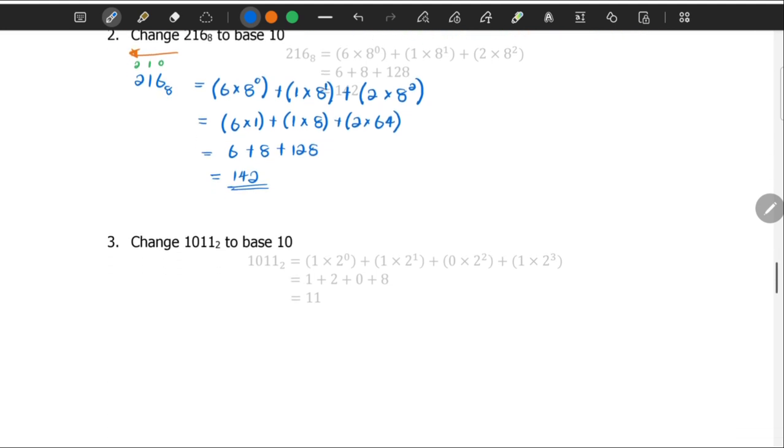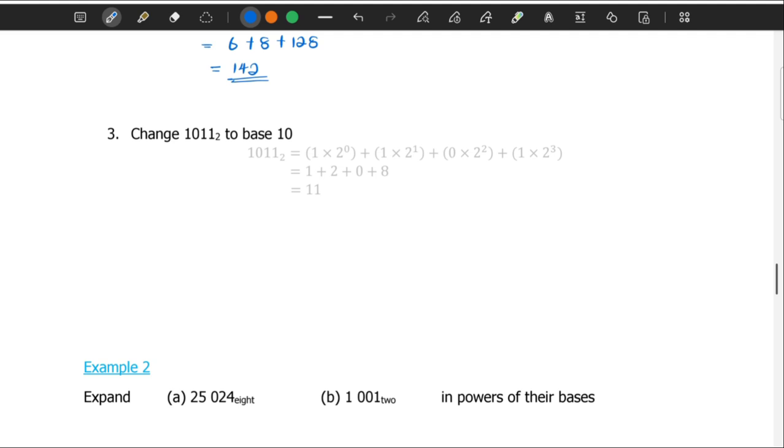And then the next question says change 1011 base 2 to base 10. Again, expanding to base 10. You know that from right to the left, it's going to be power 0, 1, 2, and 3 of the base.